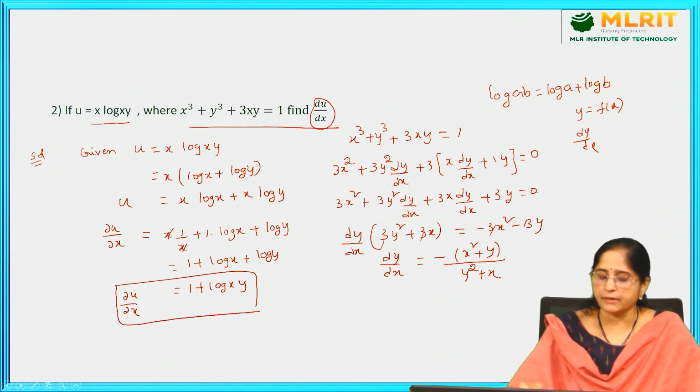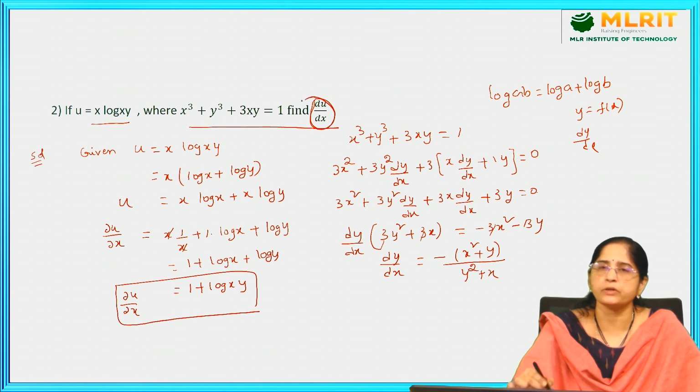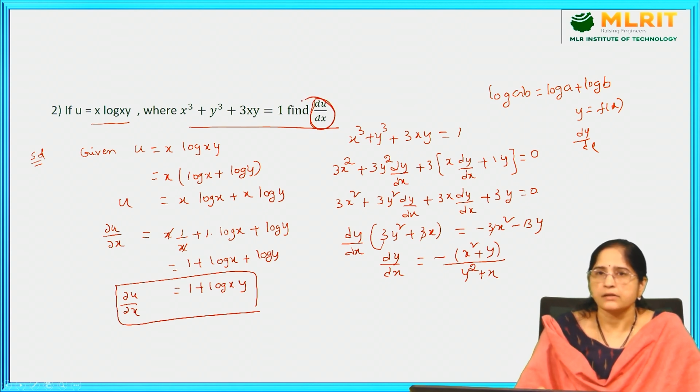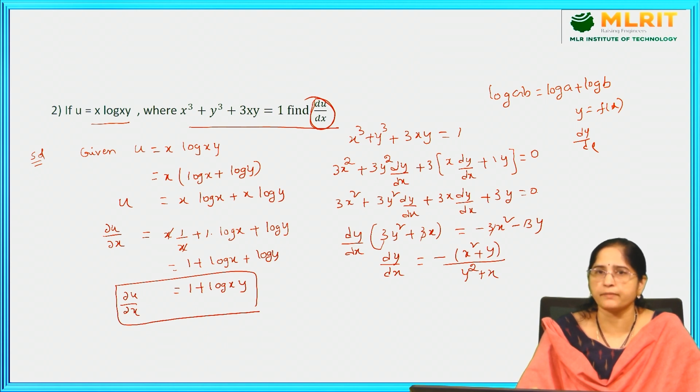But our aim is not dou u by dou x, dou u by dou y and dy by dx. Our aim is to find out du by dx. So if we want to find out du by dx, we have to use the formula for the total derivative.